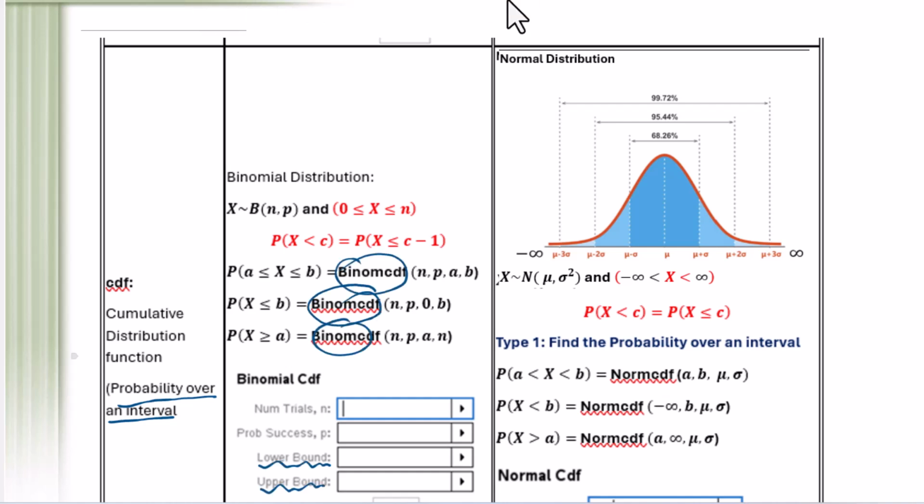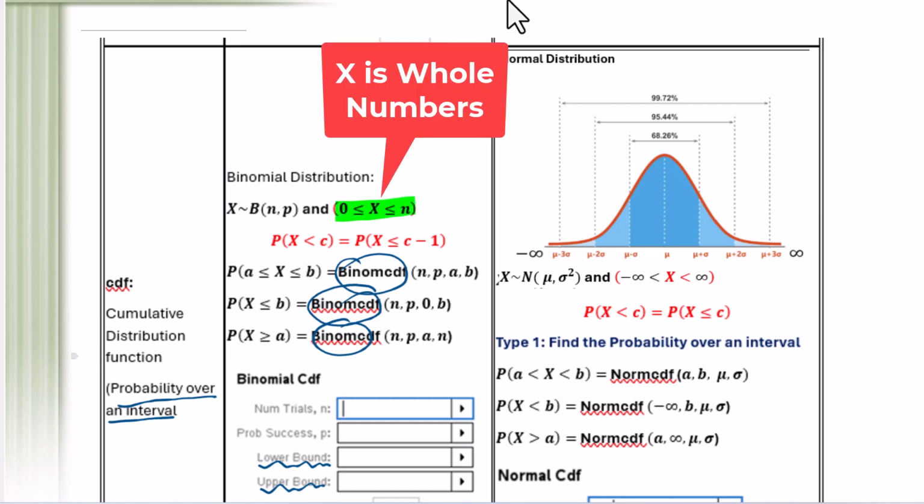Pay more attention to the domain of this x. It's greater than or equal to 0, less than or equal to n. The probability of x less than c equals the probability of x less than or equal to c minus 1.